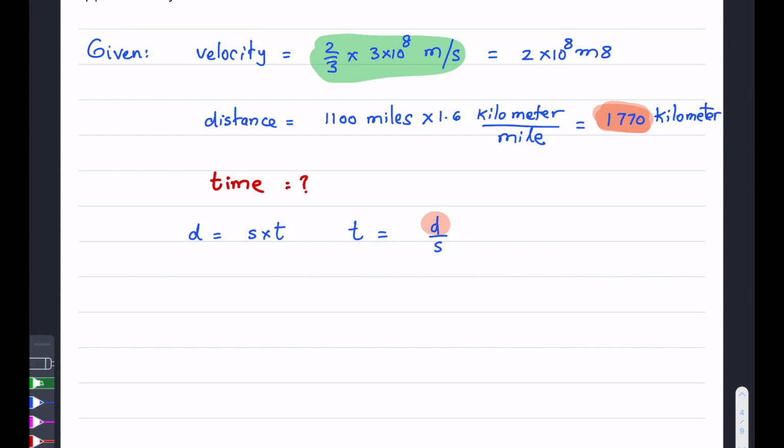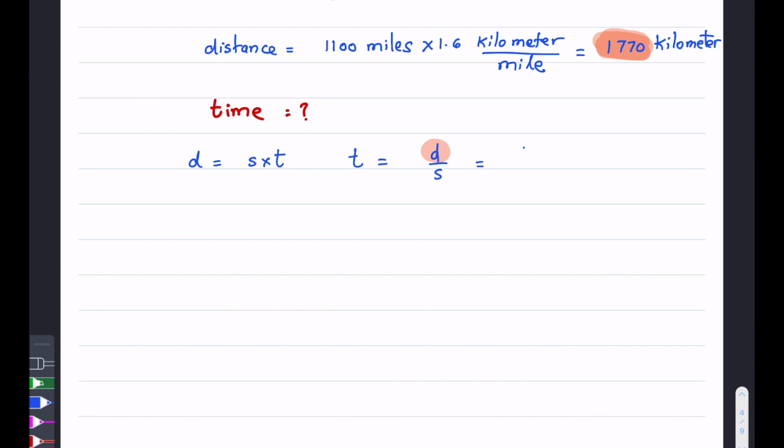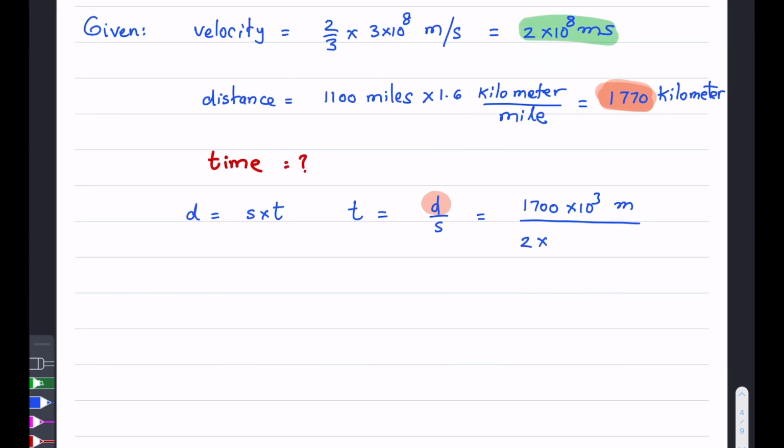So that's a very straightforward problem. It resolves into a simple math problem: 1700 kilometers, and a kilometer is 10 to the 3 meters, divided by the speed, 2 into 10 to the 8 meters per second.